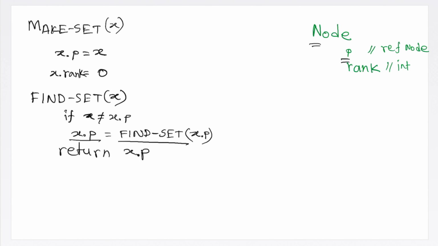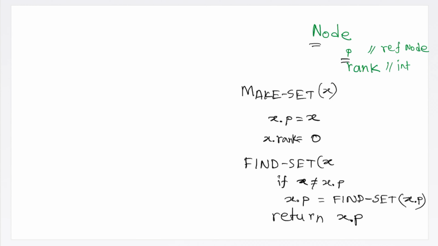Let us get back to our discussion on the implementation. Now we will write our union function. In our union function, there are always two parameters. That means two nodes are given. For these two nodes, we will have to search their representatives.